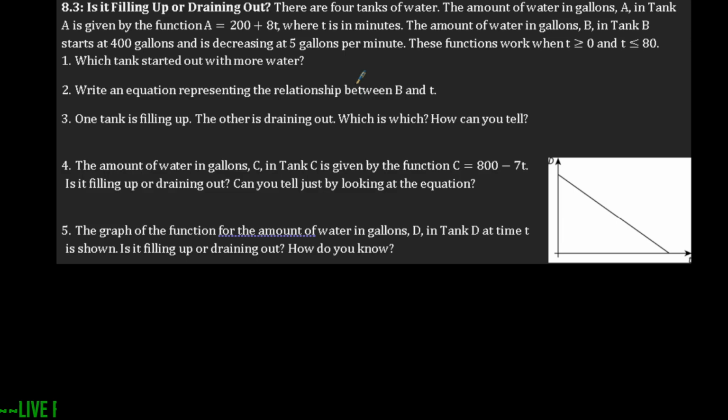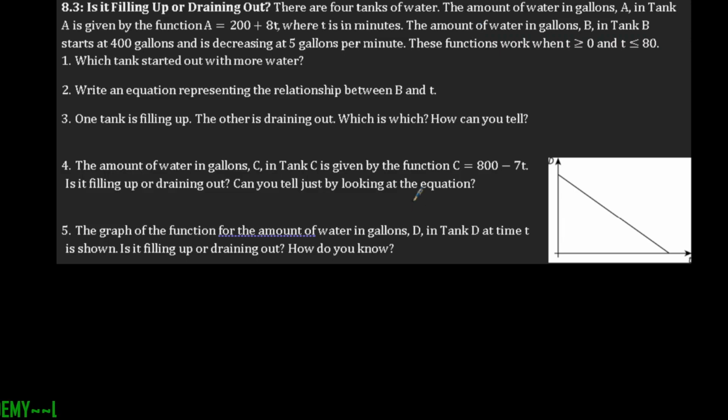So let's talk about 2 tanks of water. The amount of water in gallons, A, in tank A is given by the function A equals 200 plus 8t, where t is time in minutes. Then it says the amount of water in gallons, B, in tank B starts at 400 gallons and is decreasing at 5 gallons per minute.